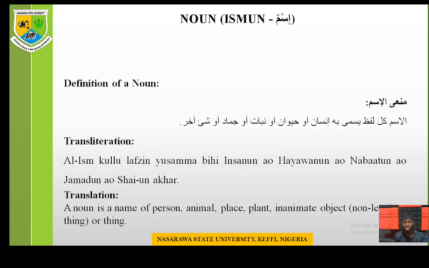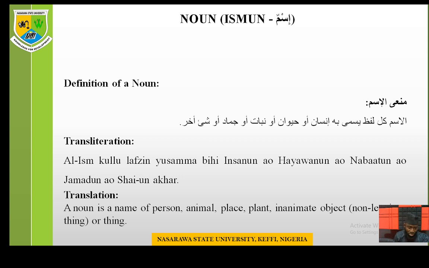Let us move to the noun, which is isim. Ismun. Al-isim kullu lafdhin yusamma bihi insanun aw hayawanun aw nabatun aw jamadun aw ay shay'in akhar. In transliteration of this, what I read in Arabic letters, it is here with you.